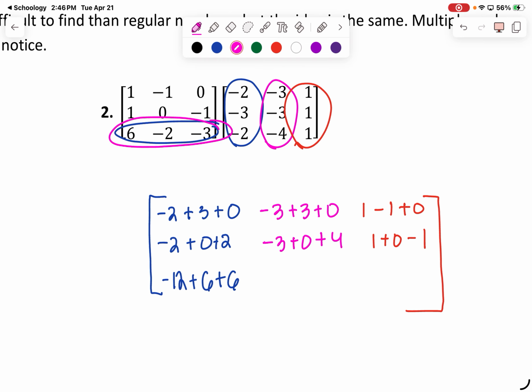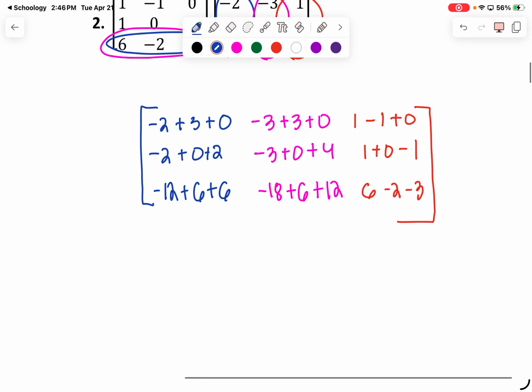All right. 6 times -3 is -18. -2 times -3 is 6. -3 times -4 is 12. And then lastly, we have 6, -2, -3. Yay. Okay, clean that up.